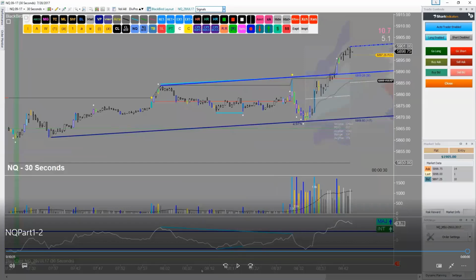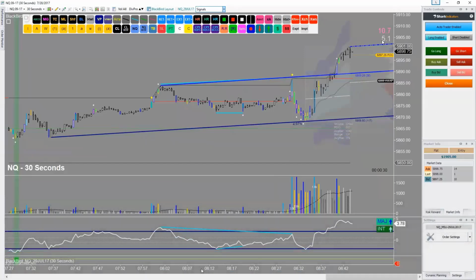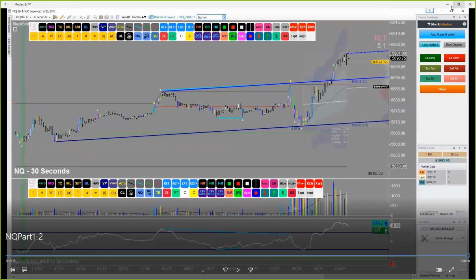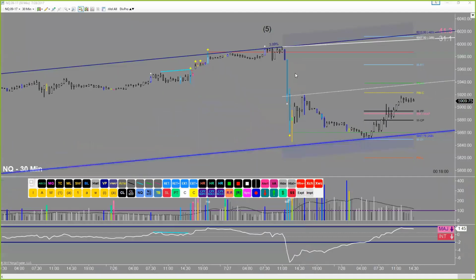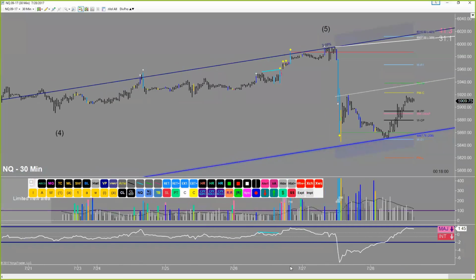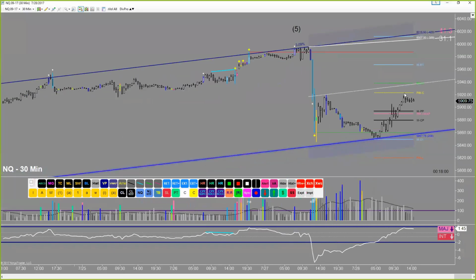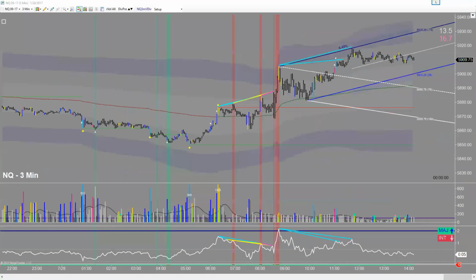All right, I'm going to show you an example here live. So this is after filling that order that you just saw. And I'm looking for a little correction back down to try to get back into this move.